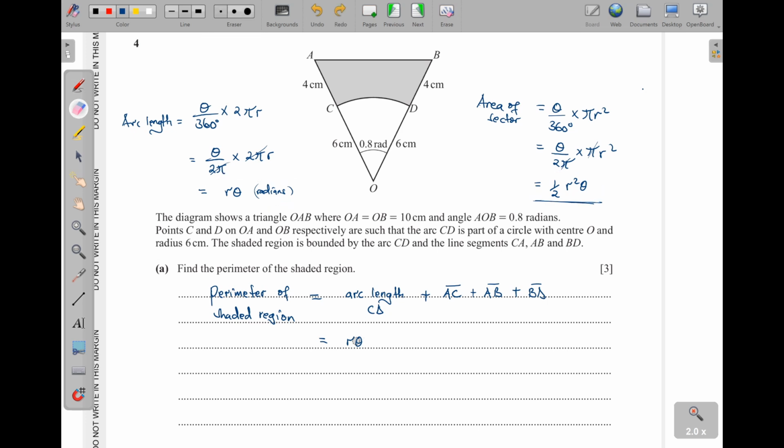We are going to write our r for this arc here. The r is 6, and then the theta is 0.8. 6 times 0.8, then plus AC is 4. Then AB, since I know this length here, and the angle in between, and they are asking me for this side here, which is opposite to this angle, I can use the cosine rule.